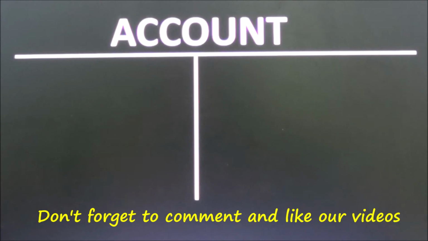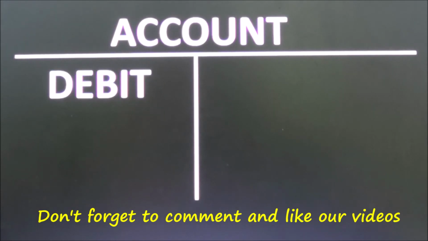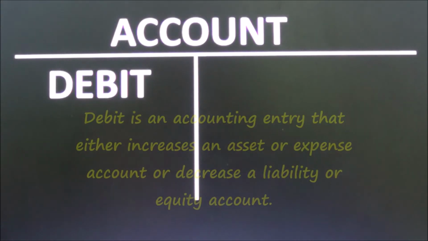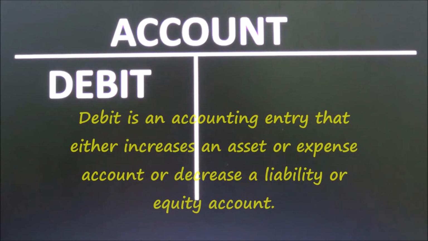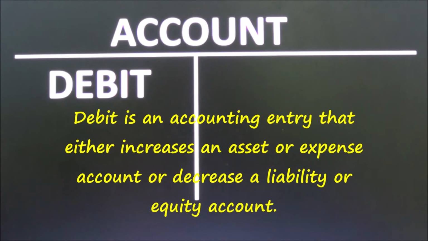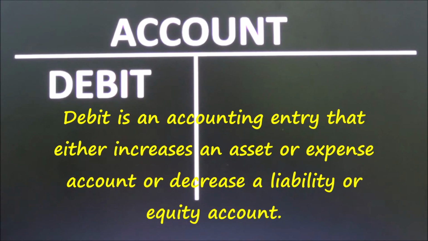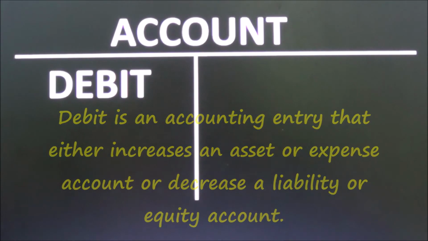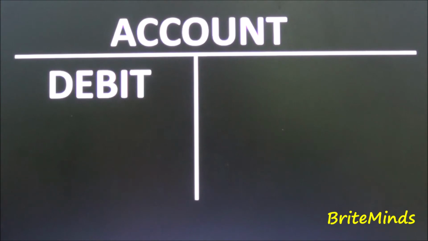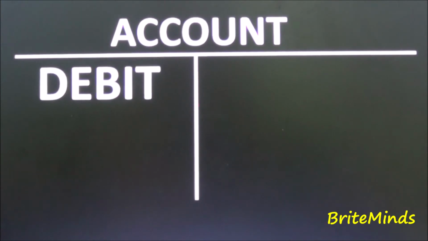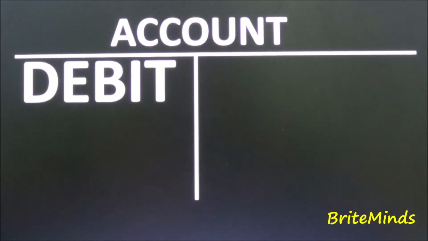And what is debit? A debit is an accounting entry that either increases an asset or expense account or decreases a liability or equity account. It is positioned on the left in an accounting entry.